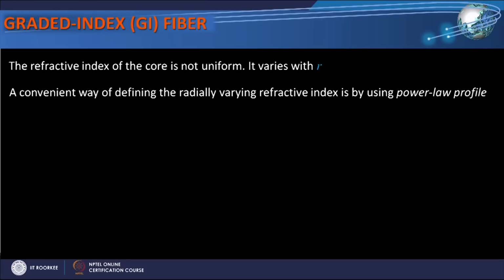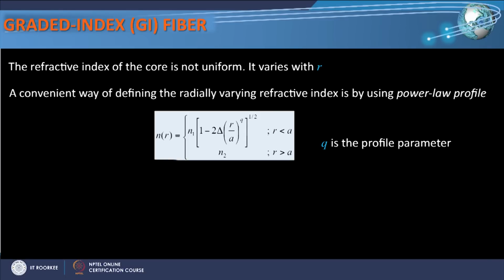A convenient way of defining this radially varying refractive index is using the power law profile, which is given as n(r) equal to n1 times [1 minus 2 delta (r over a) to the power q] whole to the power half in the core, r less than a, and it is equal to n2 for r greater than a in the cladding. This q is nothing but the profile parameter. It basically governs the index gradation.